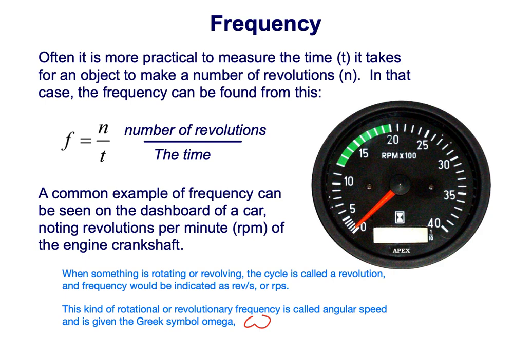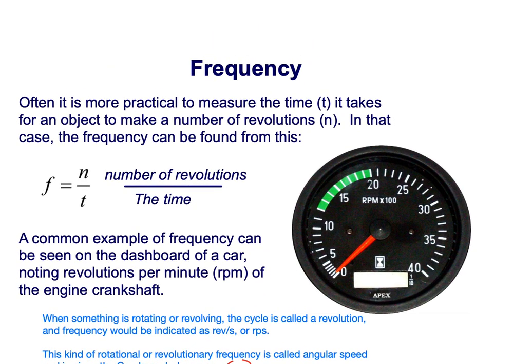Okay, so frequency is the flip of the period. It's the inverse of the period. I'm not going to really use the word frequency until I get to vibrational motion, like the frequency of a sound wave or frequency of light.